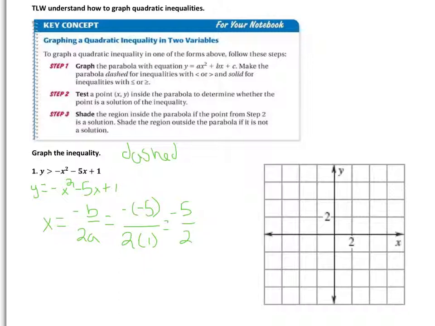Plug that in. So what that means that we're doing is y equals negative 5 over 2 squared minus 5 times negative 5 over 2 plus 1. What does that equal?